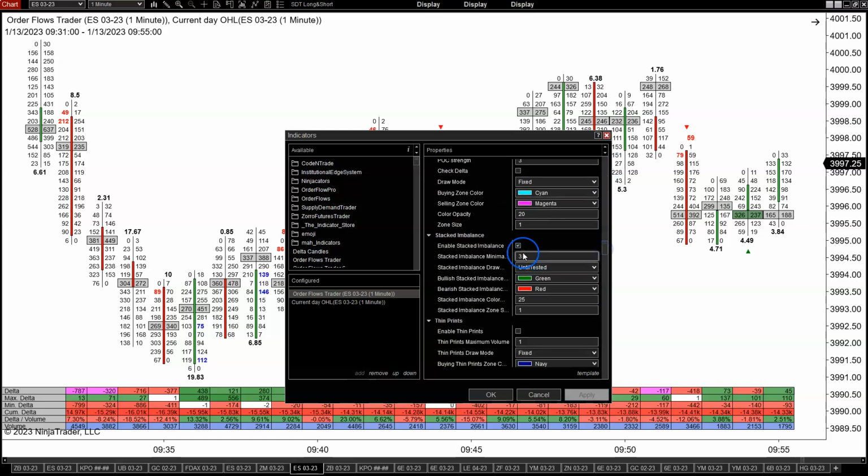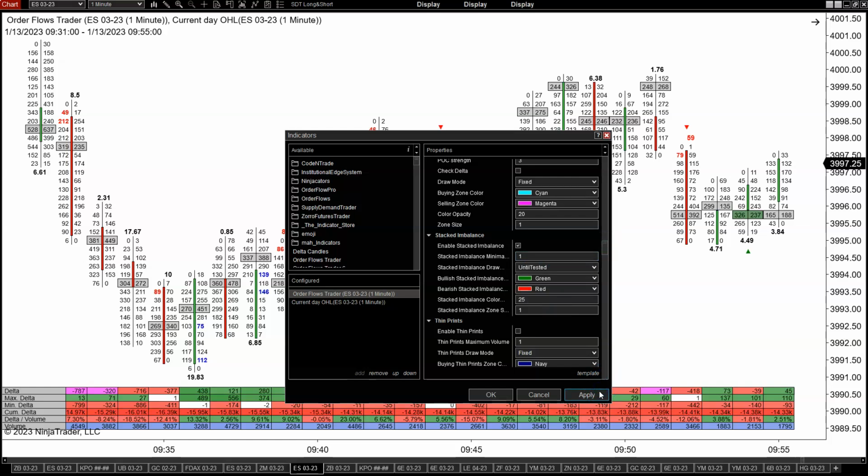So what I'd like to do is go into my stacked imbalance setting and make sure it's enabled, and I'll draw it out until tested. But what I'll do is change the number of imbalances from 3, meaning there has to be 3, to just 1, meaning there just has to be 1, and it's going to draw it out if the next bar doesn't come back in to retrace it.